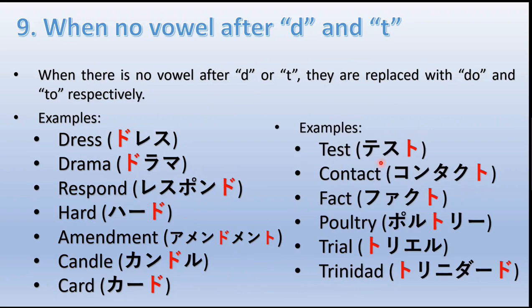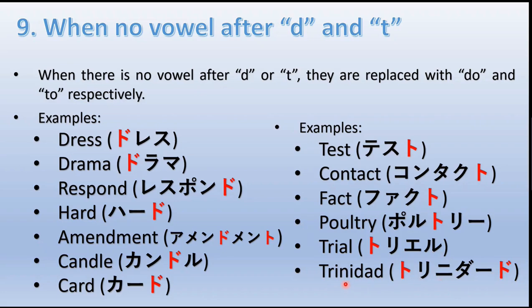Test will be written as tesuto. Contact, kontakuto. Fact, fakuto. See here, the word fact will be written as fakuto. Poultry, poruteri. Trial, toriairu. Trinidad, torinidado.